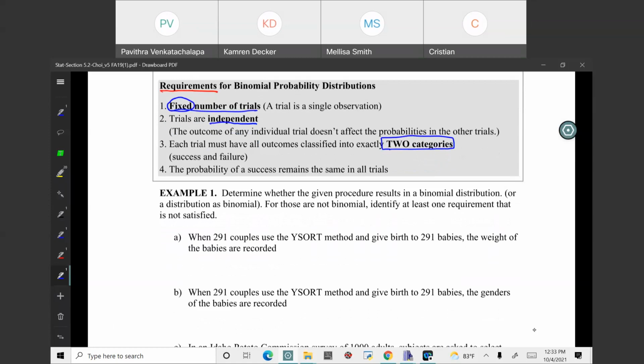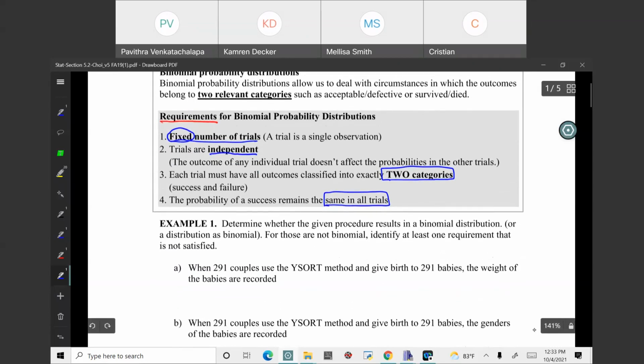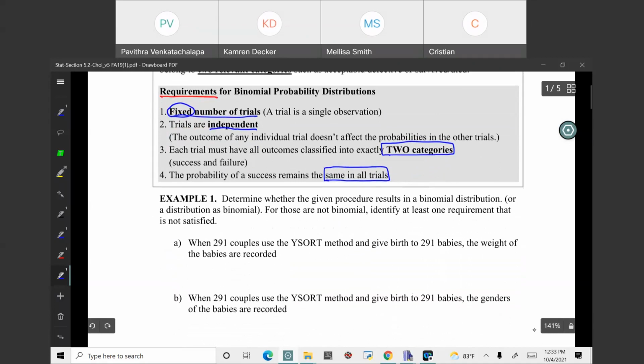Now, the fourth requirement is that the probability of success remains the same in all trials. That means across all the trials, the probability of success must be the same. We will look at some examples so that you can understand easily.